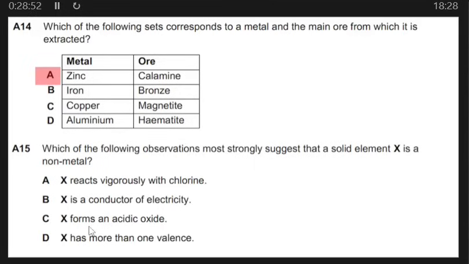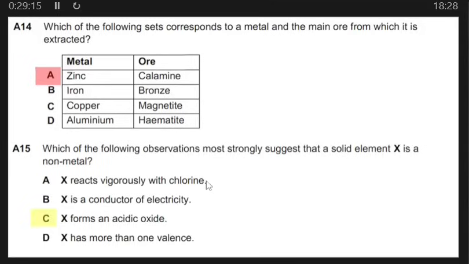Then X forms an acidic oxide. Yeah, nonmetals form acidic oxides. Then D, X has more than one valence. Yeah, but nonmetals shouldn't have more than one valence, more than 3 valence electrons. So the answer is C.